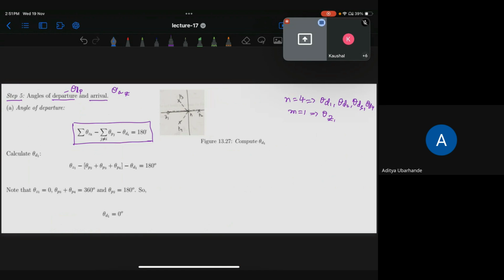Using this formula, you can find the departure angles. I'll explain for one case. Here we are trying to find the angle for this P1.